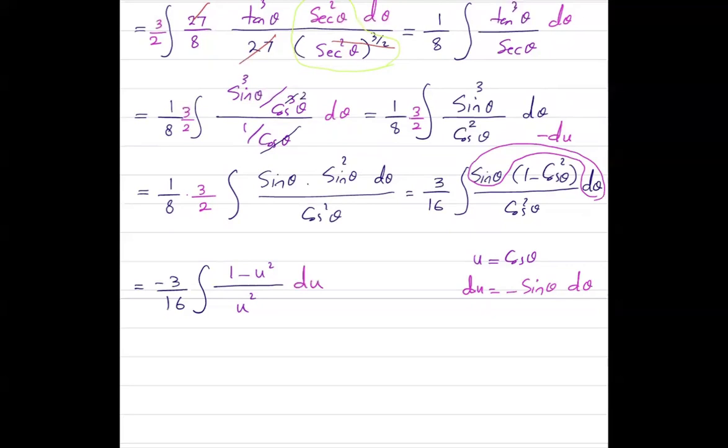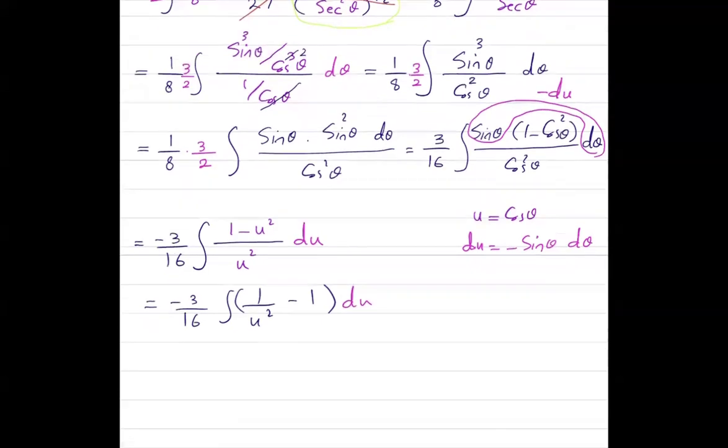Now this integral is negative 3 over 16 of the integral of 1 over u squared minus 1, then du. Very good. This can be written as negative 3 divided by 16 of negative 1 over u minus u plus constant of integration.